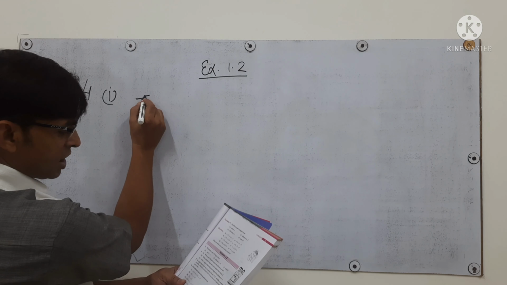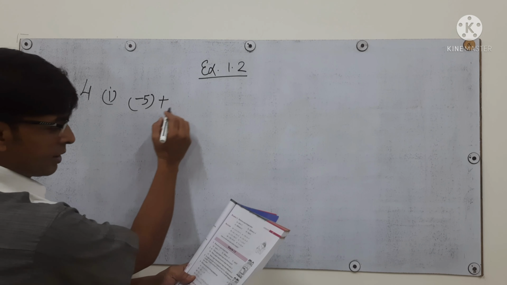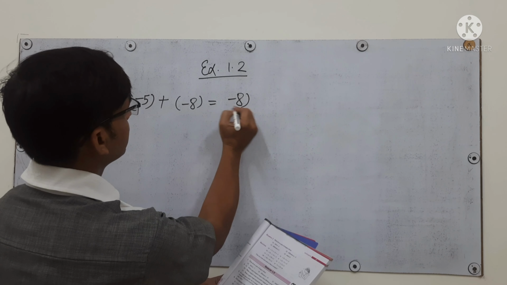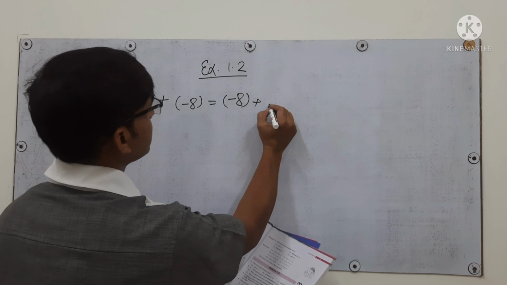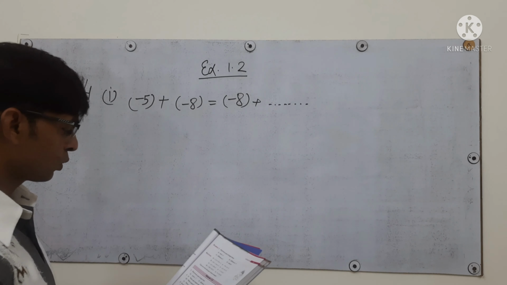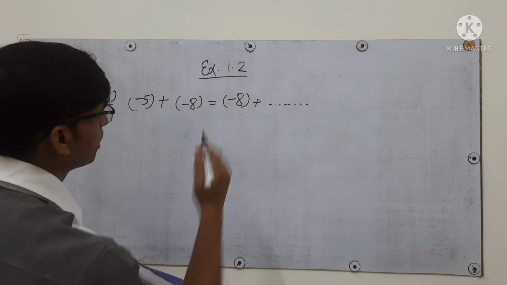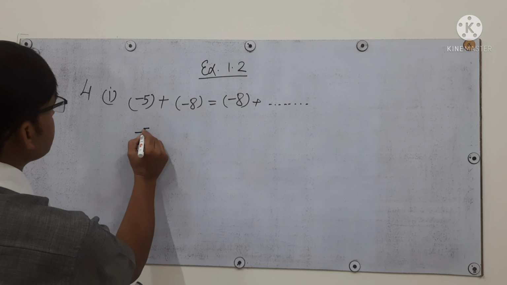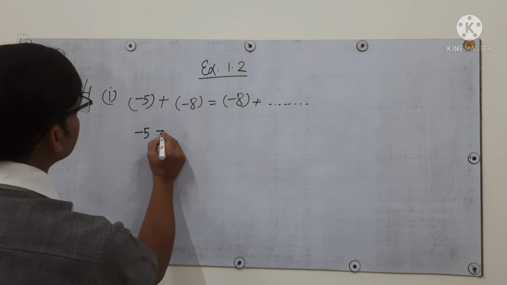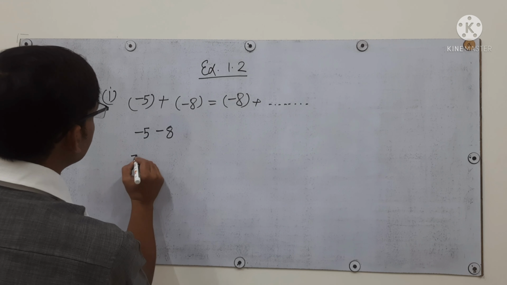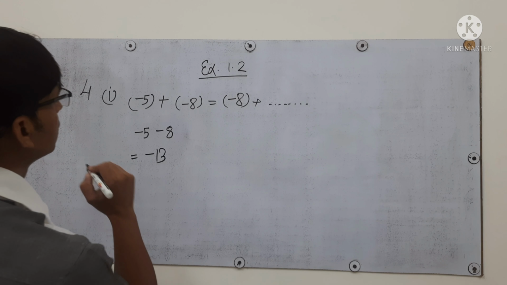Part first is minus 5 plus minus 8, and it will be minus 8 plus, and here it is just a blank. So we have to fill in the blanks. Here it is minus 5 plus minus 8, which will be minus 13.